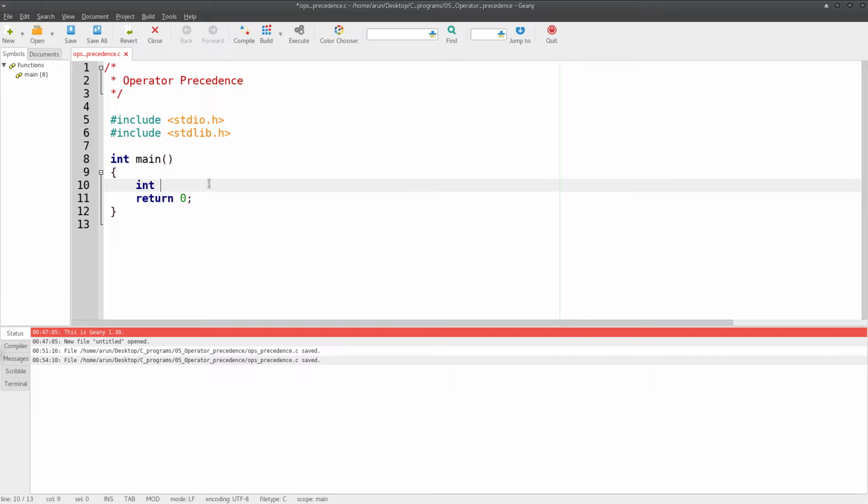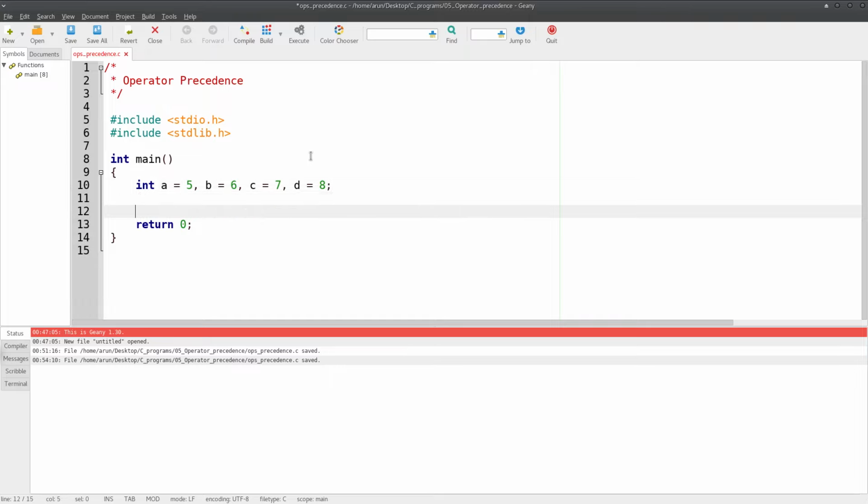For instance, let int a equals 5. By the way, I can write like this, it's not a problem. b equals 6, c equals 7, d equals 8. I'm just creating 4 dummy variables over here, and then int ans for answer.